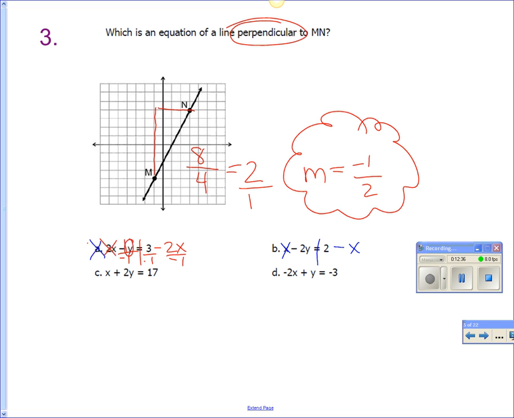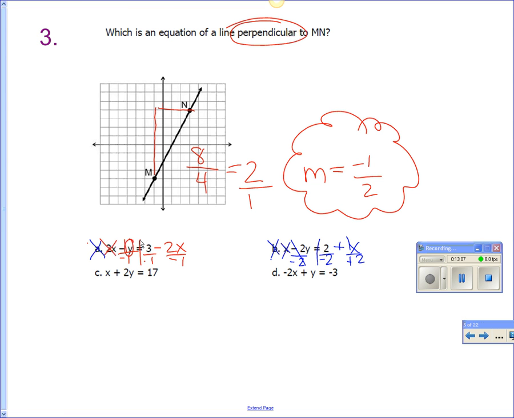What else do you do? What happens here? A negative over a negative? Positive. And this is a what right here? Negative. This was a positive, so do they match? Nope. Okay, so let's keep going.